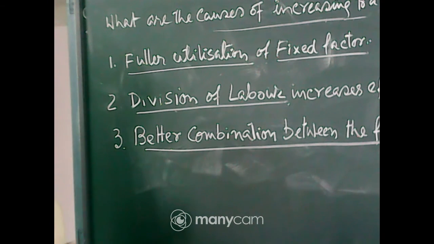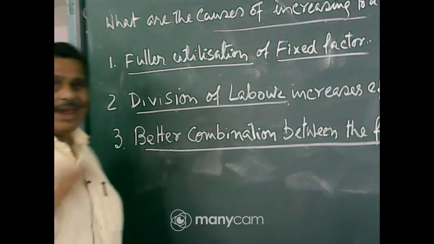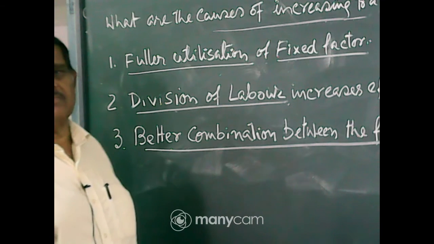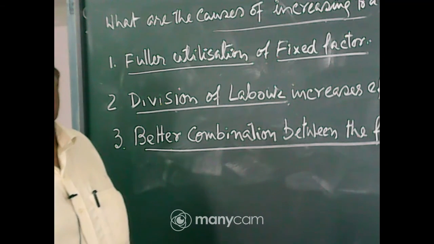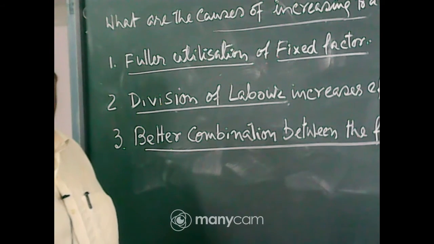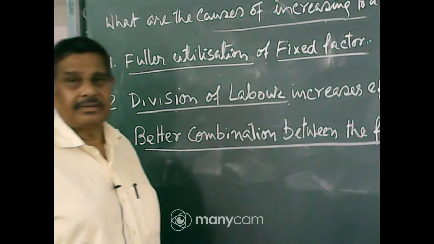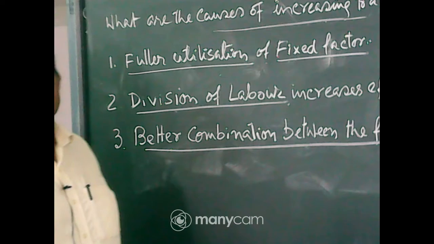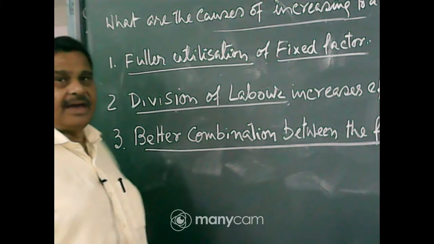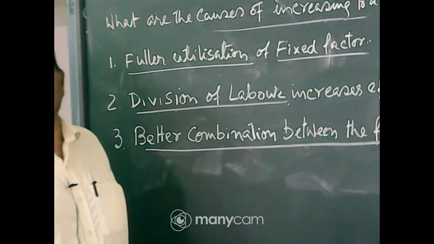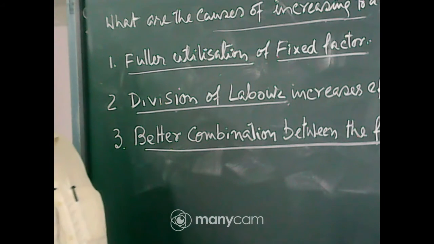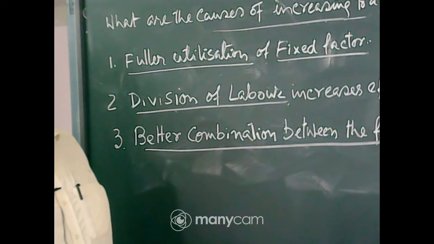Therefore, the suitable number of workers should be adjusted with the number of machines and tools. Machines cannot be replaced by labor, and if there are more machines but less labor, that is also not the optimum combination of these two factors.